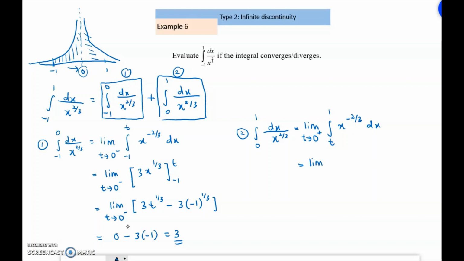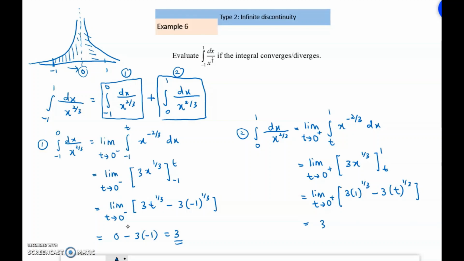Then using the same method where we solve this integration, we will have 3 times x to the power of 1/3 from t to 1. Substitute into this, we have 3 times 1 to the power of 1/3 minus 3 times t to the power of 1/3.